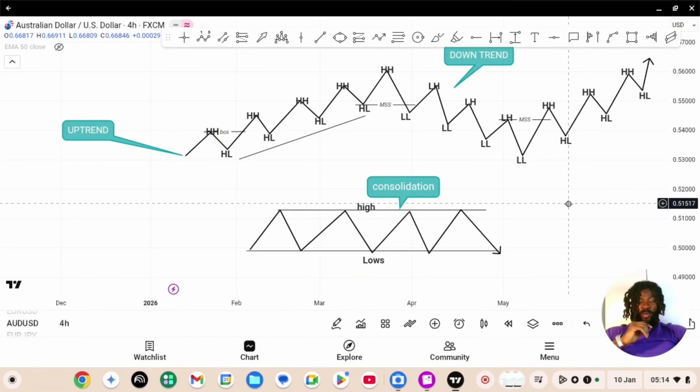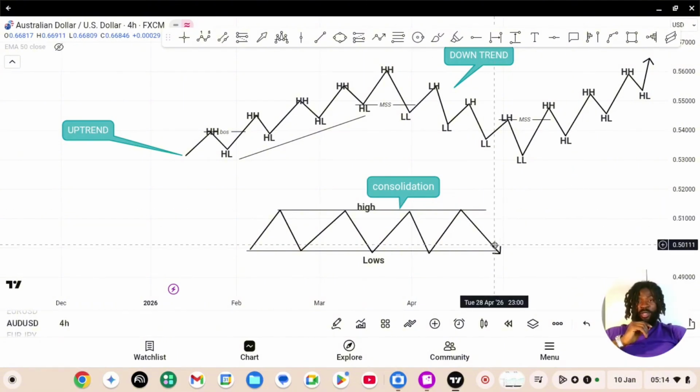Okay. Now, the market moves in three dimensions. It's either the market is in an uptrend, moving upward, or the market is in a downtrend, moving downwards, or the market is consolidating, which is also known as the ranging market.